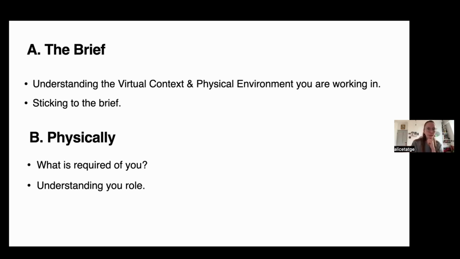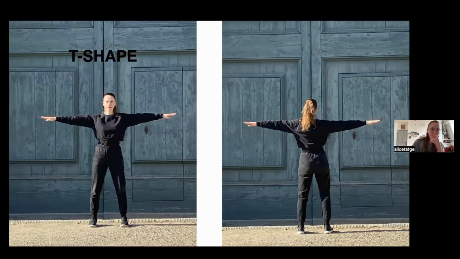And I will elaborate on this later, what I mean by sticking to the brief. From a physical standpoint, what is required of you and really understanding your role within the work.